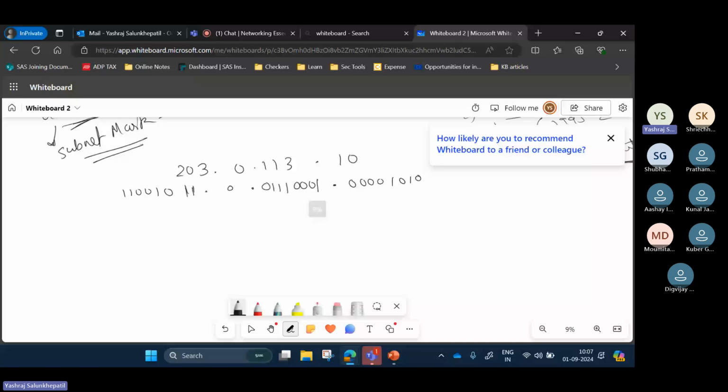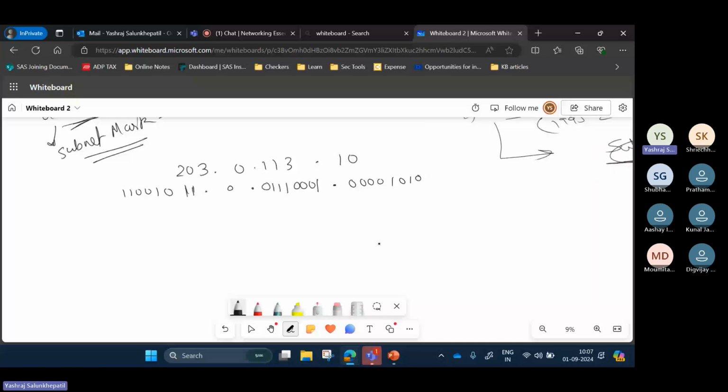Now we want to know how much is the network portion and how much is the host portion. For that, we are going to use a subnet mask. We are right now doing classless addressing. That is why we apply a subnet mask. I apply a subnet mask of 255.255.255.0.